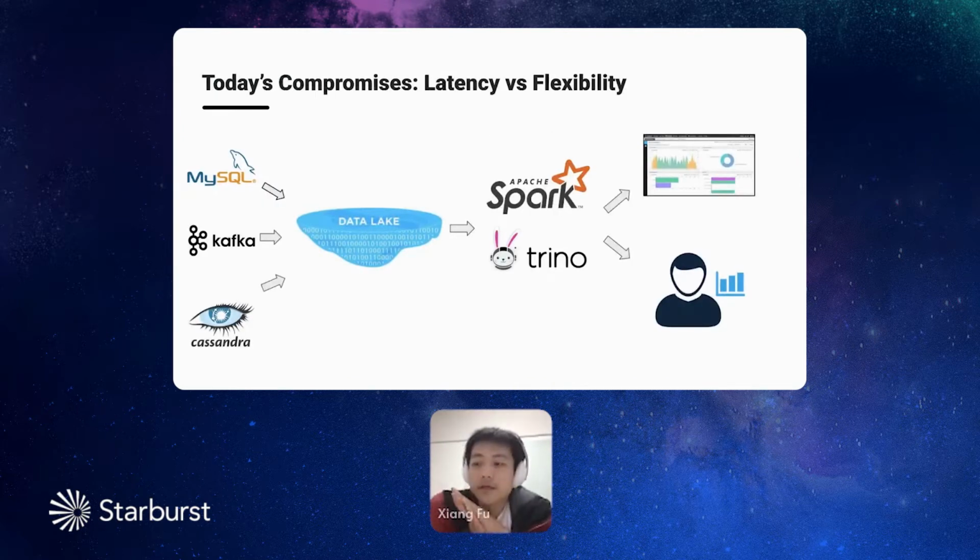So let's first take a look at how we do data analysis today. Typically, we have our raw data hosted in a big data lake, available for all our users to process using compute engines like Spark, Hadoop, Trino. And then we write some SQL to compute all our ETL jobs.